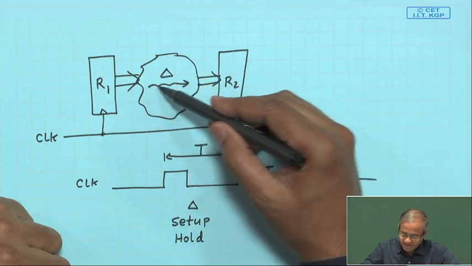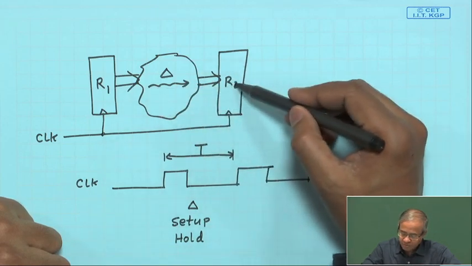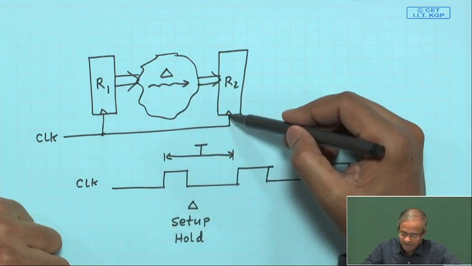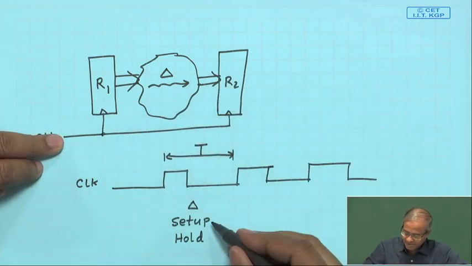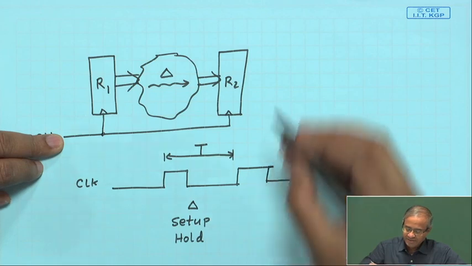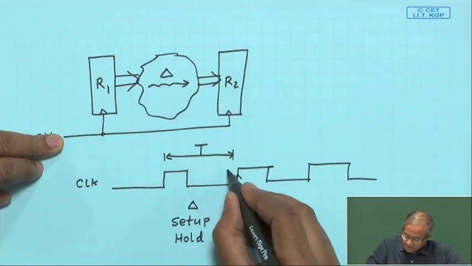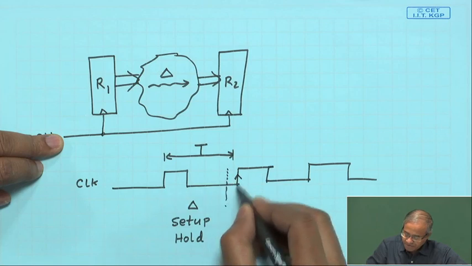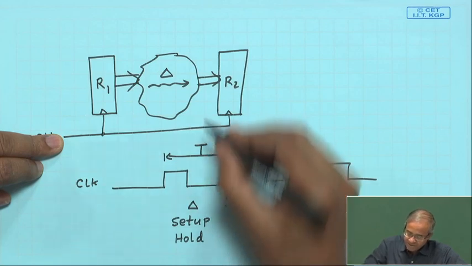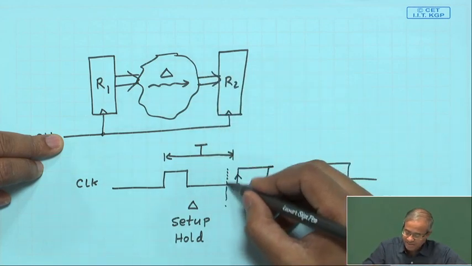See, this combinational circuit will be taking some time to compute, and after that the data will be available at the input of R2, so that I can apply the clock. But the setup constraint says that before the next clock edge comes, I must give some minimum time before which the input must be stable.